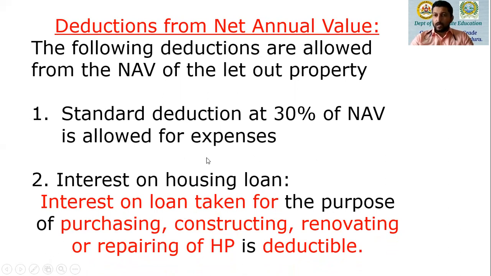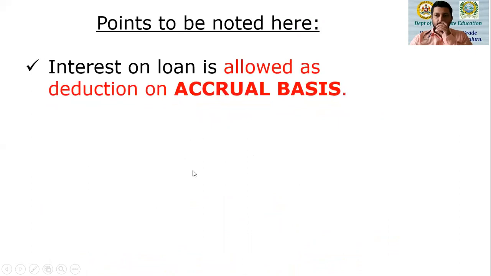Irrespective of the purpose, whether it's an outright purchase, construction of the property, renovation, which would mean adding an extra room or an extra floor or making significant changes to the property, or repairing the house property, any interest on such housing loan is deductible under section 24. There are some important points to note when it comes to interest on housing loan as far as let out property is concerned.